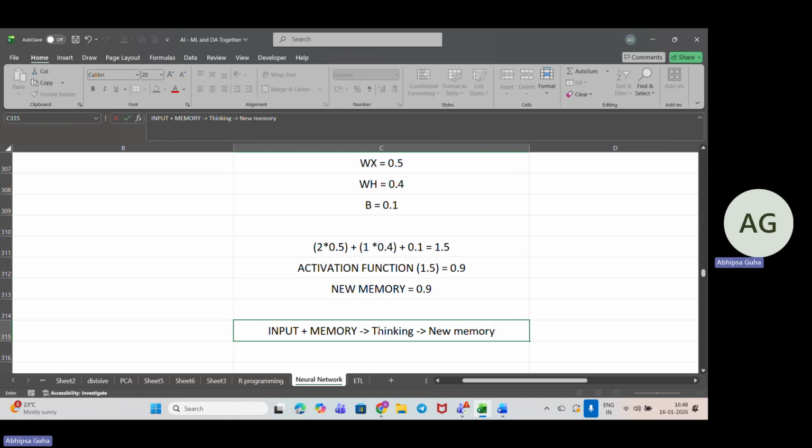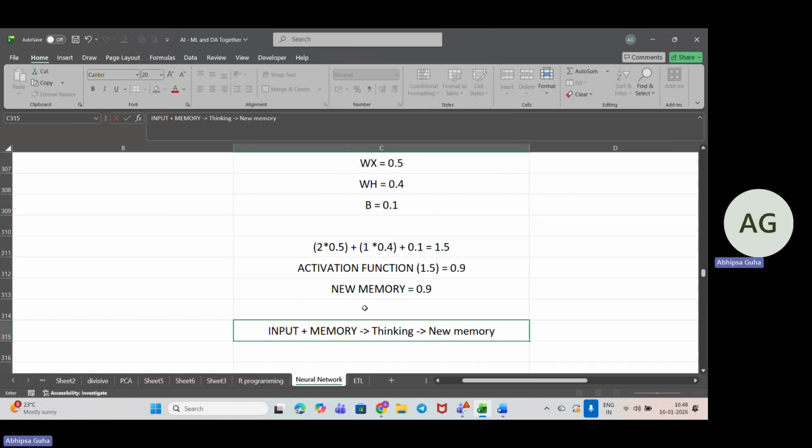Now this output of RNN, how are we getting the output of RNN? At each step, RNN can give the output, or only give output at the last step. That depends. Suppose I am taking the example of sentiment analysis. By understanding a sentence, I want to understand how the sentence is.